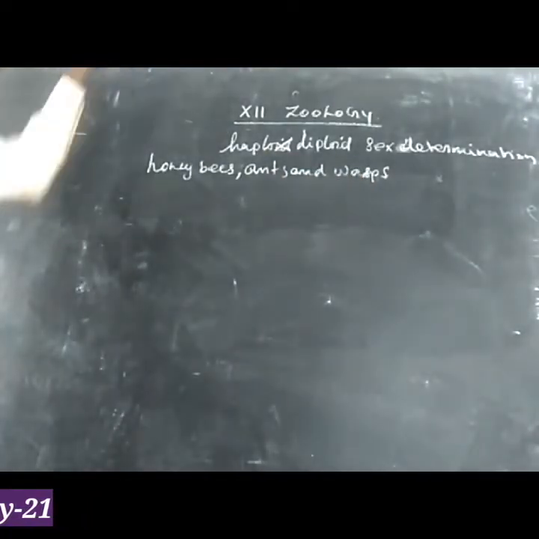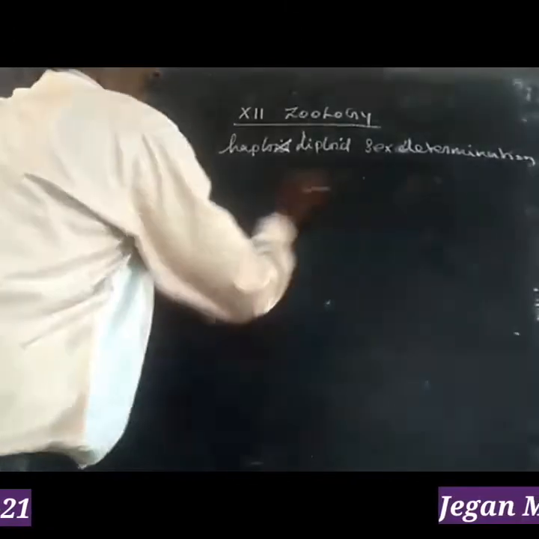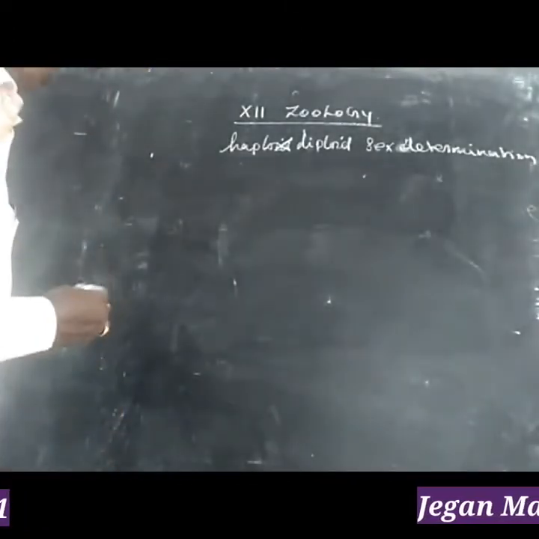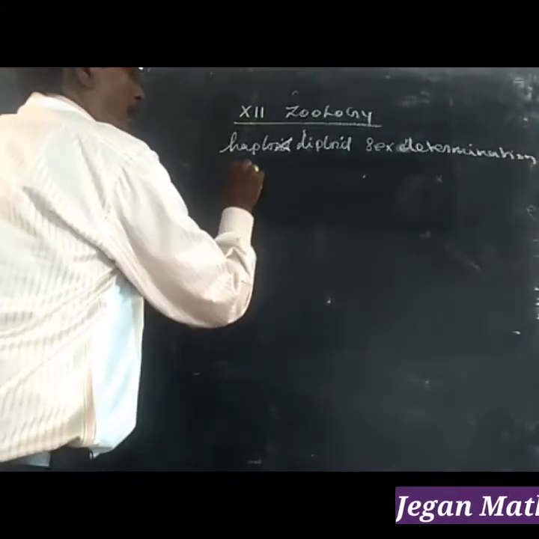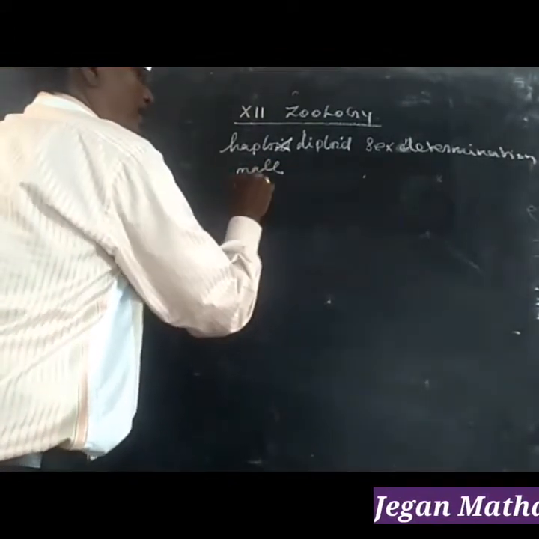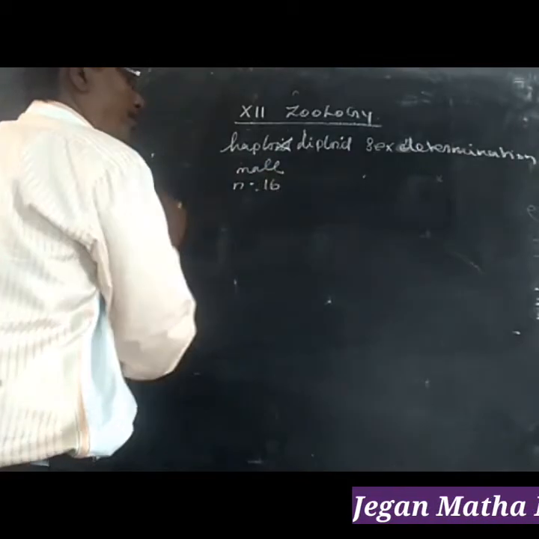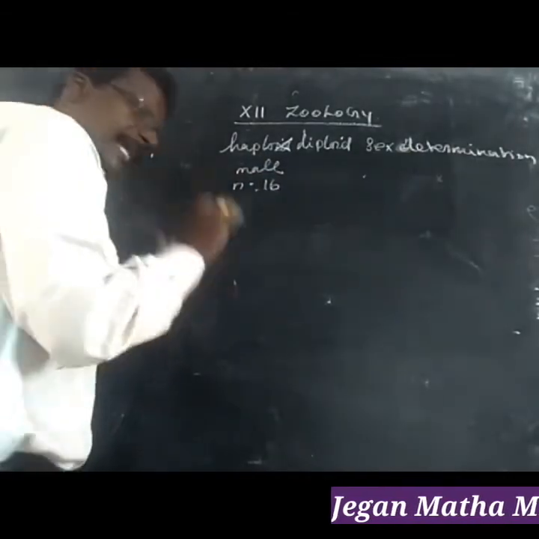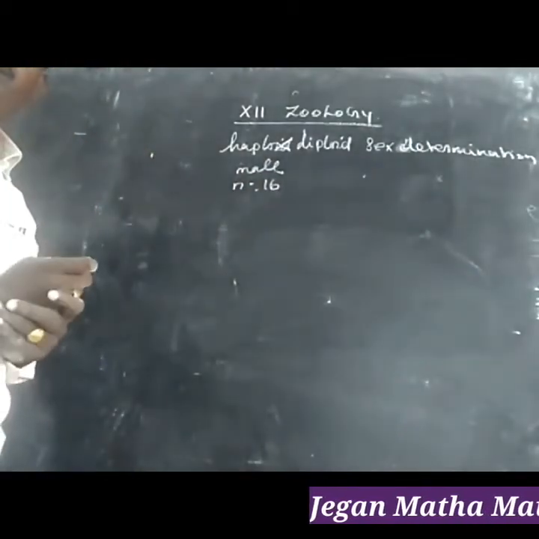In honeybees, the male has n equal to 16 chromosomes. These animals are haploid.